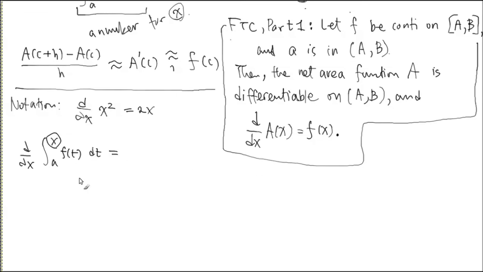Without this, it can be viewed as a net area function. So it's a function, and we can put d/dx in front of it, right? You don't usually put d/dx in front of a number, and you have to interpret that number as a constant function so that d/dx makes sense, right? Any more questions about this notation?